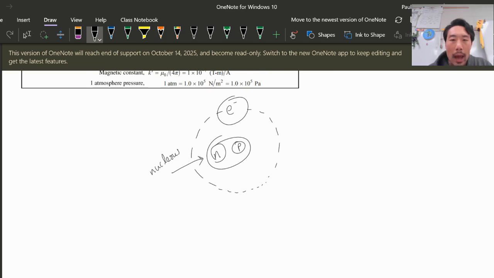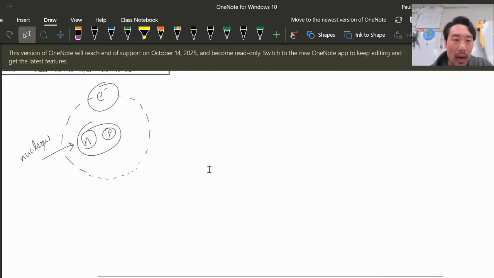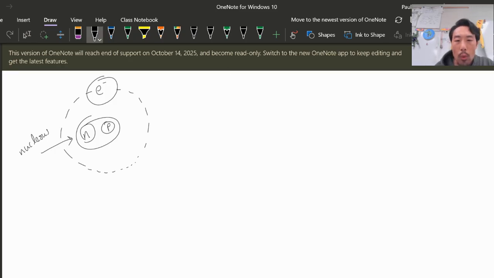All right, so for this class, you'll see how I write and draw the different parts of the atom. With anything that is neutral, you'll just see me write it as an equal sign. With anything that is a positive charge or a proton, you'll see me write it as a plus.